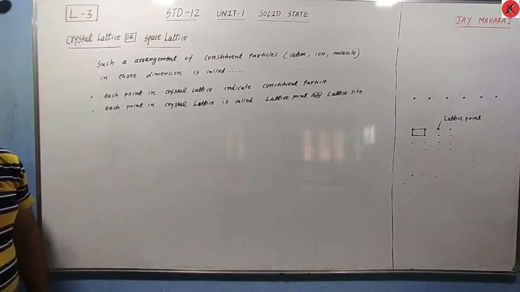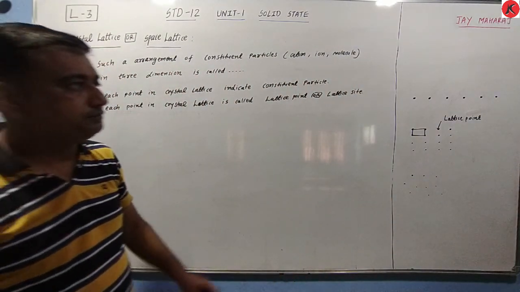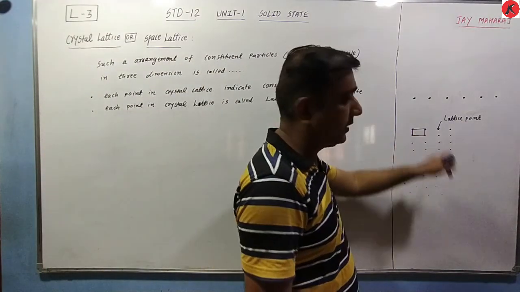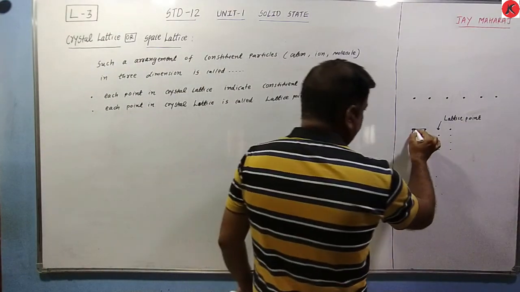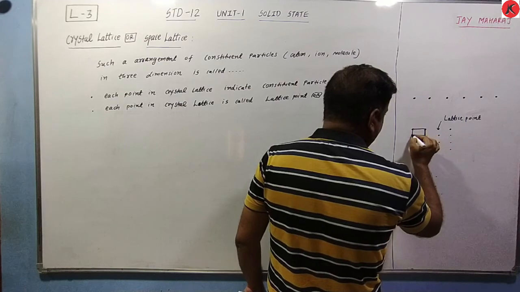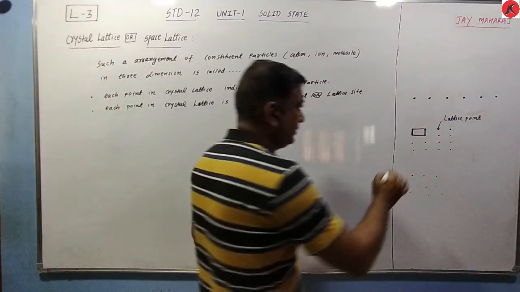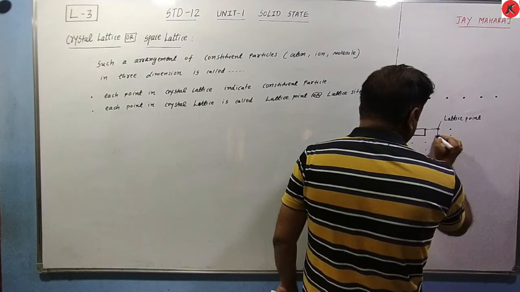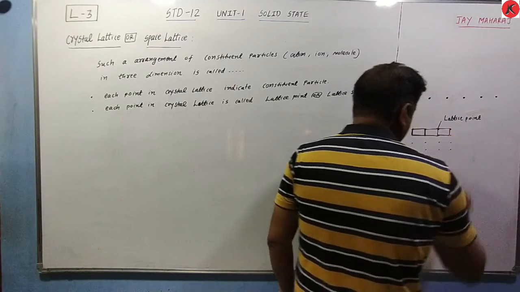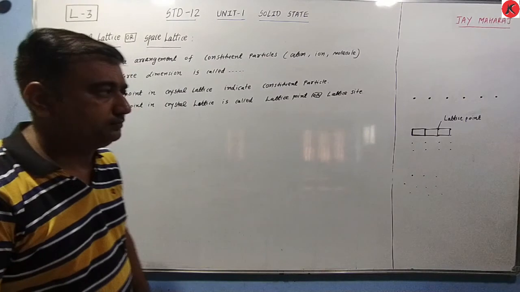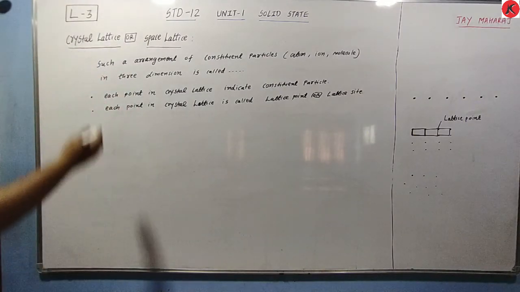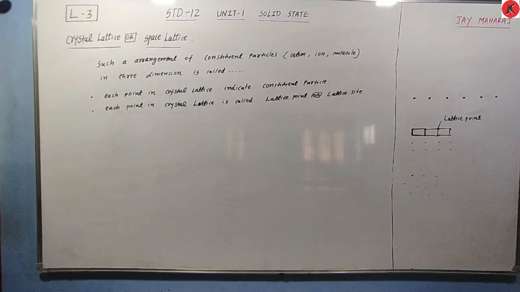To obtain the regular shape, these lattice points are joined by straight line. Here joined by straight line. That means rectangle shape is obtained. Again here rectangle shape. So different two-dimensional shapes are obtained. Here we study in 3 dimensions.